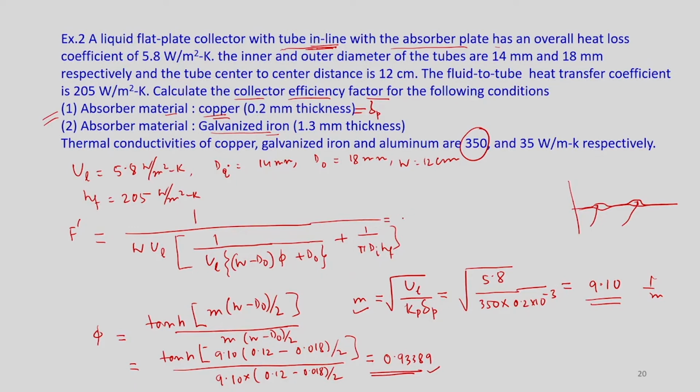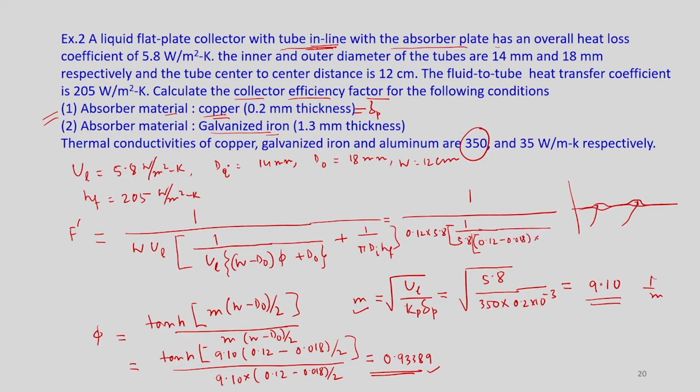If we use this phi here and substitute all those values, 1 by w value is 0.12 into UL is 5.8. Then we will have 1 by UL, again 5.8. Then W is 0.12 minus D naught, D naught is 0.018.